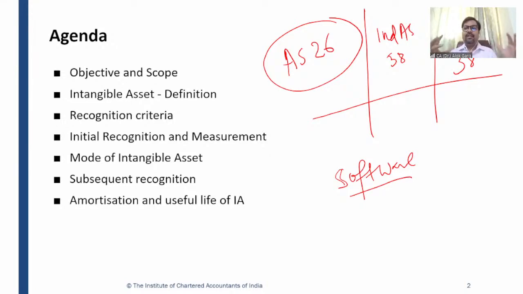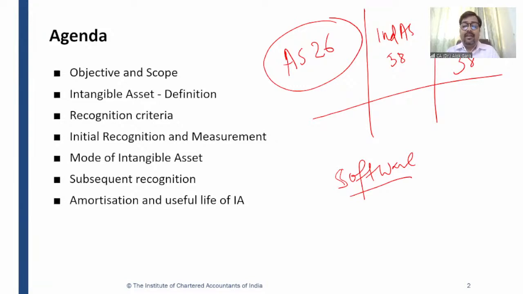We can just feel the future economic benefit, or realize the benefit of that intangible asset, but we cannot see or touch it. And that is why the accounting of intangible asset becomes very important, because this is something which you cannot see, touch or feel.